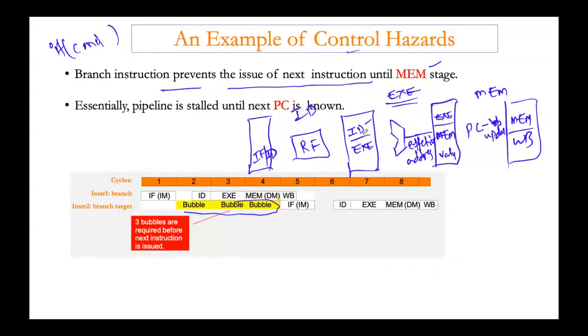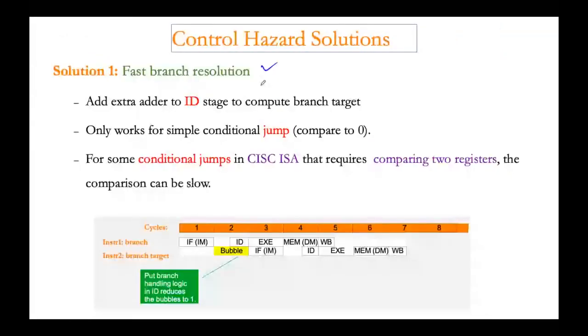So fast branch resolution means that for whatever the condition value is, you add an extra adder, or register, to the ID stage to compute the branch target. If you add the additional component at the instruction decoding stage only, then that will tell whether the same branch will be taken or the other branch will be taken.